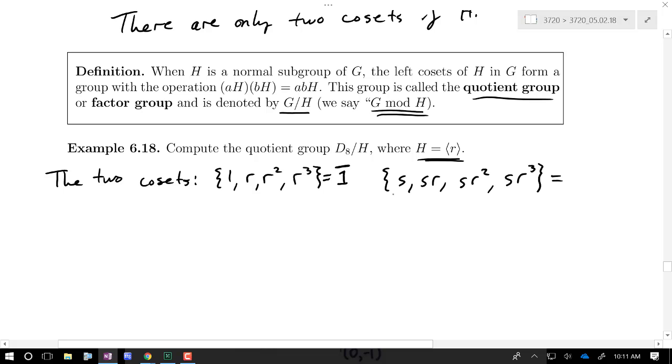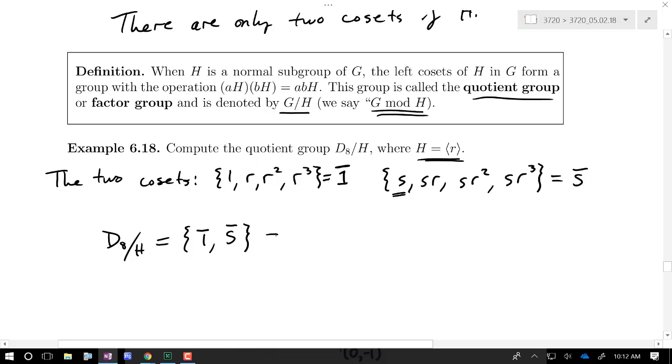And for this one, I'll pick S to be that representative, the S coset. You could pick any of the elements. I could call this the R coset, but if we're thinking of this as a group in itself, it makes sense to write the identity as 1 instead of as R. But technically, you could pick either one. So we would say that D8 mod H is equal to this set with 2 elements, each element representing the 2 cosets.